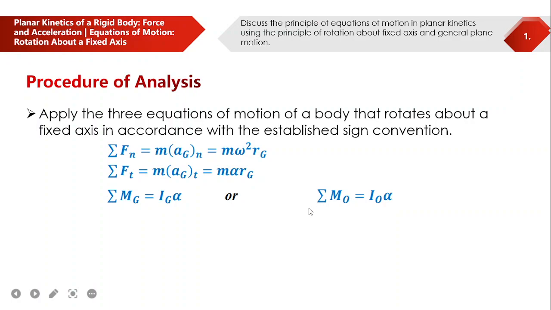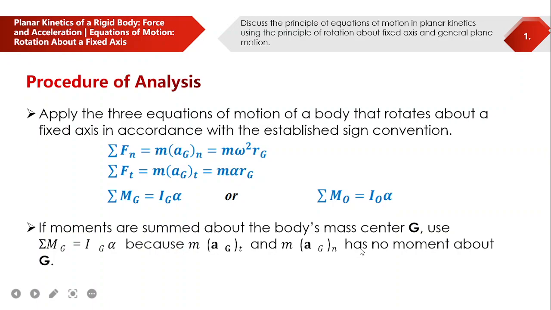Or at point O, if you don't want the center of mass, then you can have it by the summation of all the moments at point O is equal to the moment of inertia at point O times the angular acceleration.